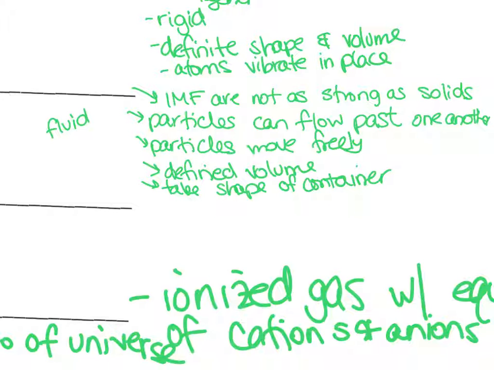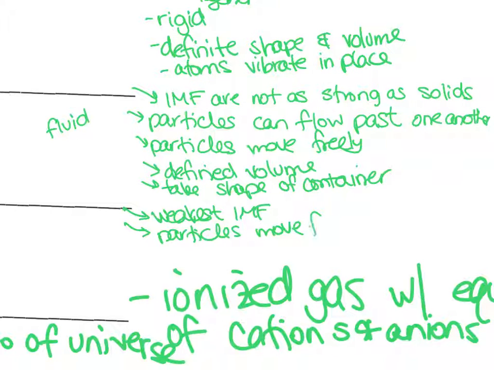And finally, gases. Gases have the weakest intermolecular forces. The attractive forces are actually less than the force generated by the kinetic energy, by the movement of the particles. That's why they're able to move around freely. So the kinetic energy is greater than the force of attraction between them. So the particles move freely and very rapidly.